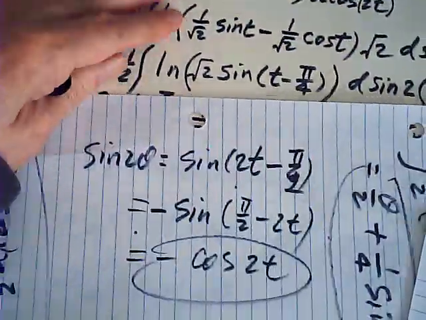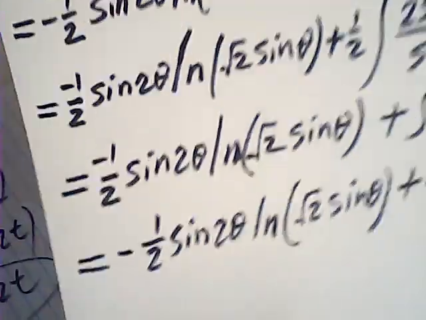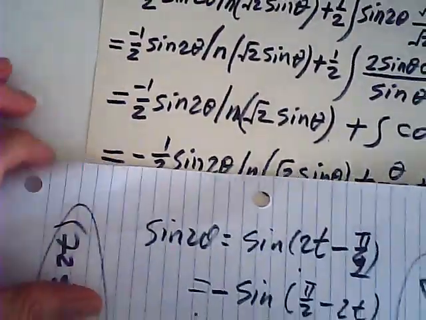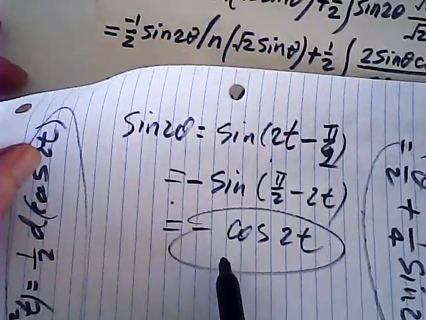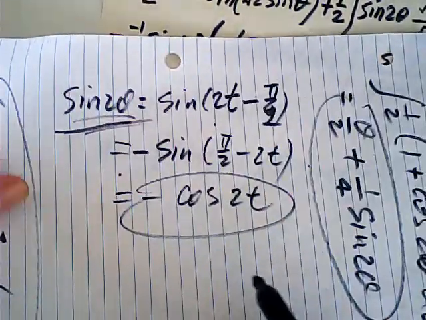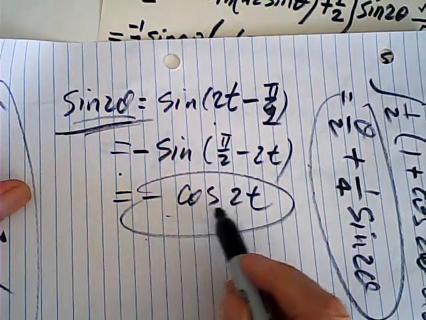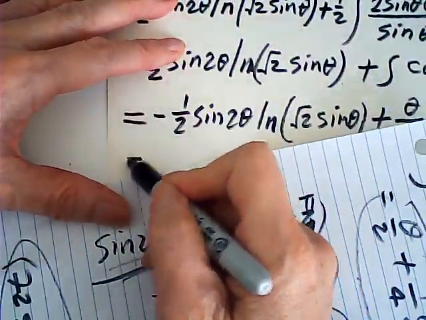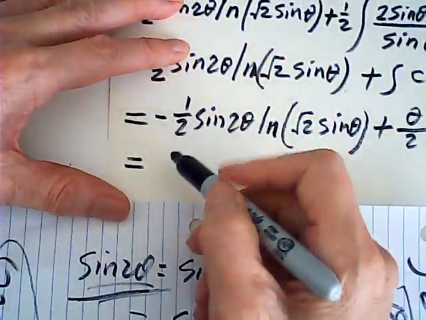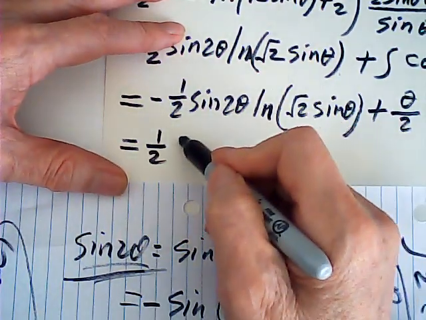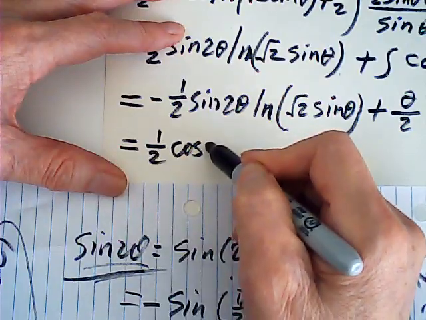Now let's see. Sine 2 theta is negative cosine 2t. So this becomes positive, right? Half cosine 2t.